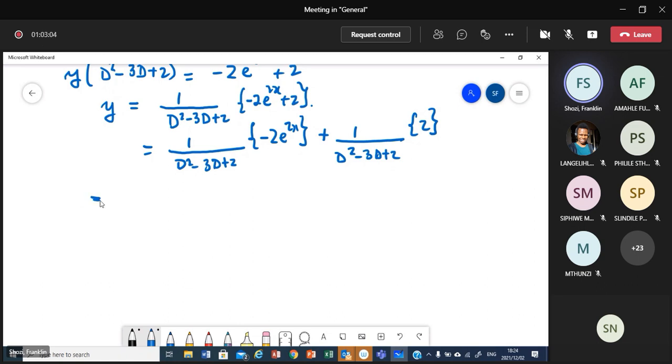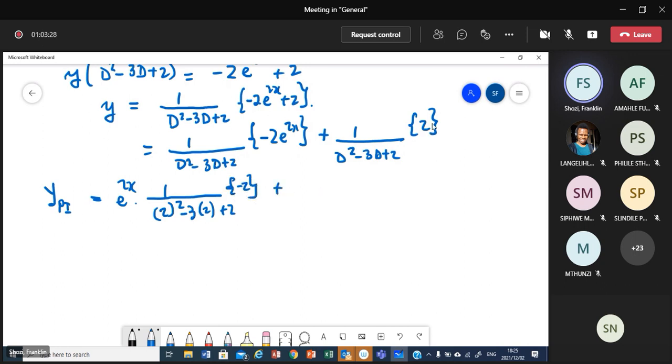That becomes then, so my YPI will be equal to, here I can use theorem 1. There is e to the power 2x, so e to the power 2x is 1 over 2 squared minus 3 times 2 plus 2, because D is replaced by 2 of the exponential, acting on minus 2.